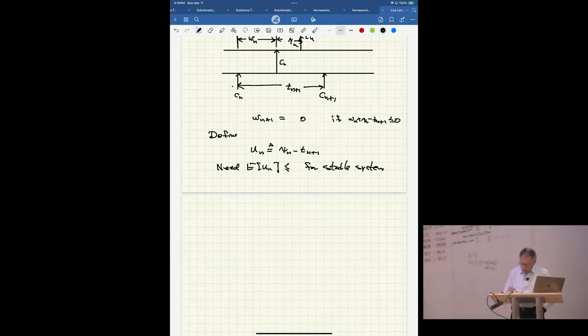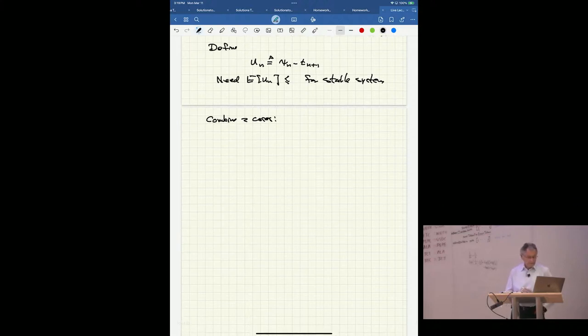So let me now combine these two cases. And that means that W sub n plus 1 is equal to one of two things. Either it's Wn plus this new variable U sub n, if Wn plus Un is greater than or equal to 0, or it's 0 if Wn plus Un is less than or equal to 0.